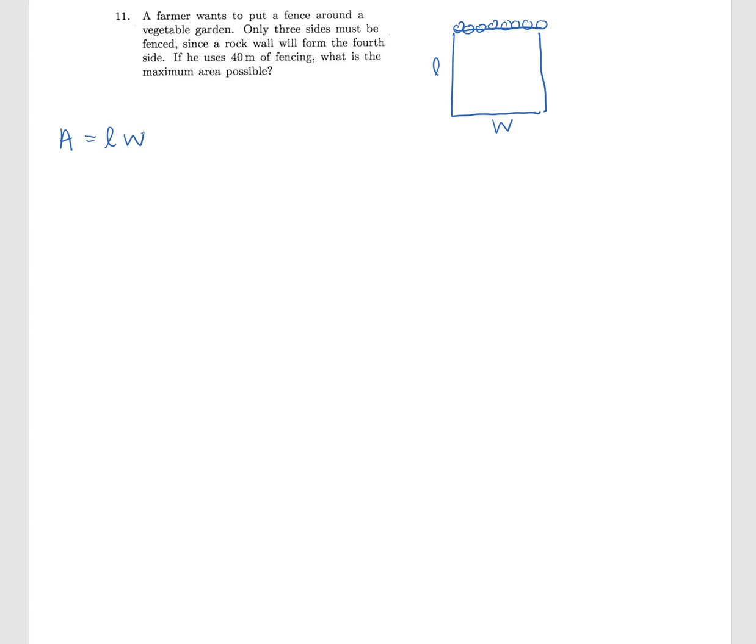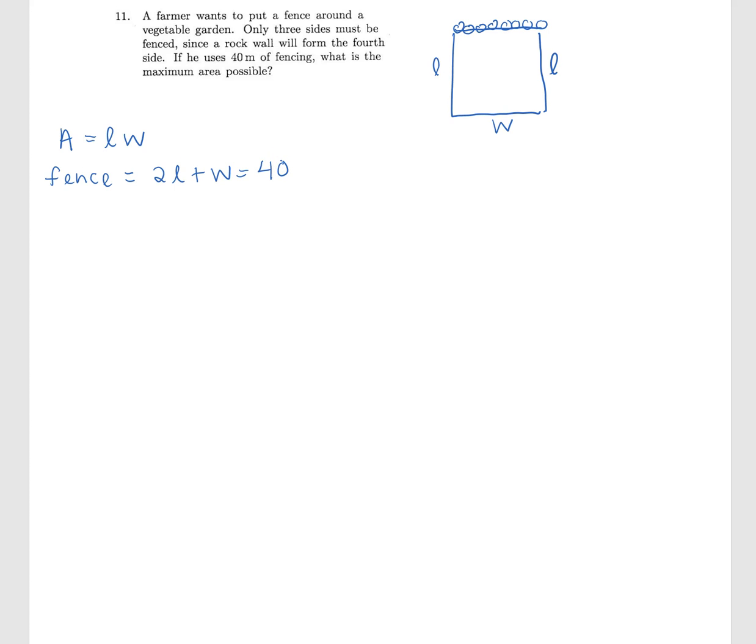And from our question, we've been told that the amount of fence around the perimeter is going to be equal to 2 times the length for each of these sides plus the width here for this 3rd side. And from the question, we've been told that the total amount of fence used was 40 meters.